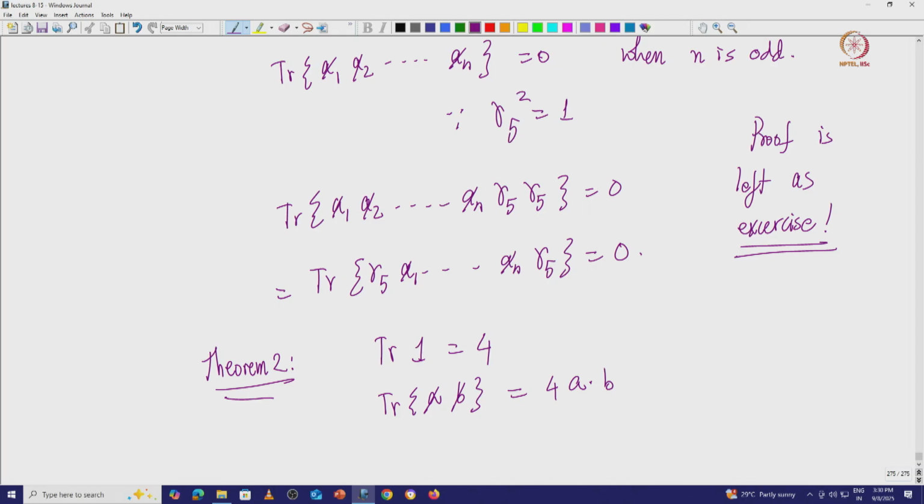Let's imagine that A slash is P1 slash and B slash is P2 slash. If there are 2 momenta, the trace of P1 slash P2 slash is equal to 4 P1 dot P2.